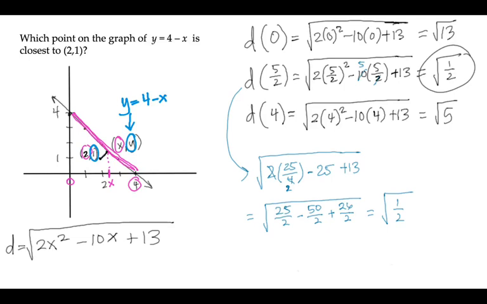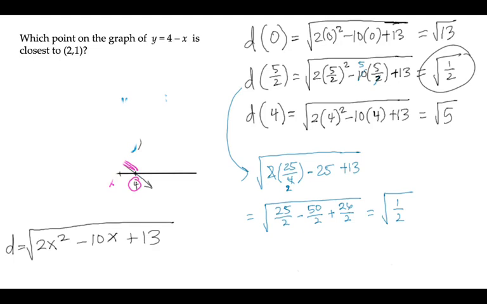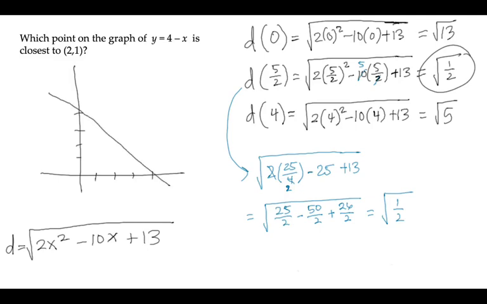So let's go back to our graph. I kind of made a mess of my graph, so I'm going to regraph my function. Okay, so we had our graph, 4 minus x. Wow, that was terrible.